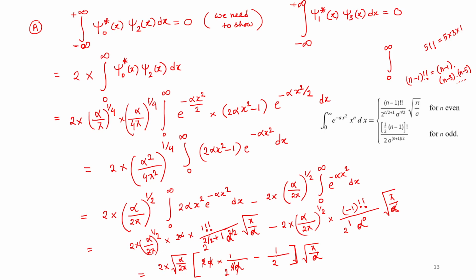So 1 by 2 minus 1 by 2 is 0, so it is ultimately going to be 0. So what we got is that the integral of psi0 star x psi2 x dx from minus infinity to plus infinity is 0. We proved earlier also that the other parts are 0, but here we have proved it again. What about the second thing?